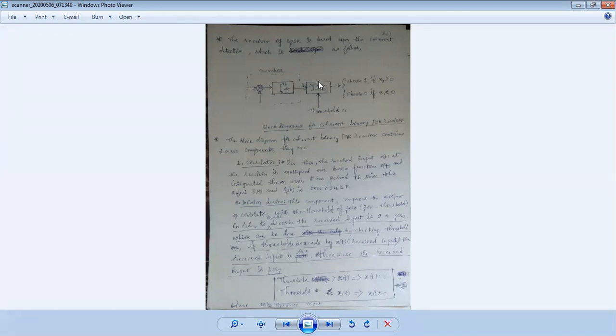If this is greater than 0, then it assumes a 1. That means it assumes that x1 is equal to 1. If this is less than the threshold of the decision device, it will decide 0.